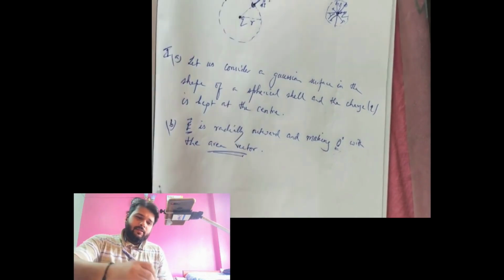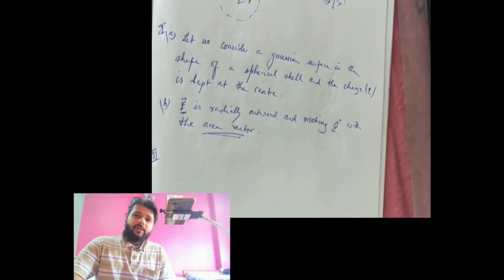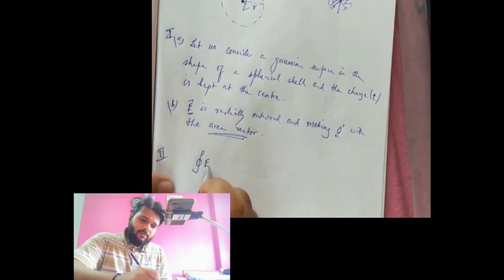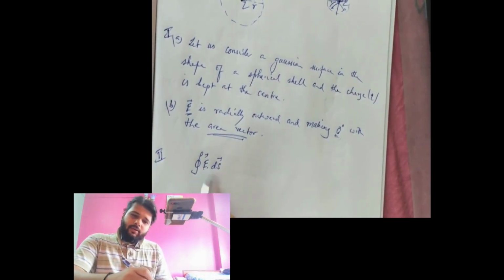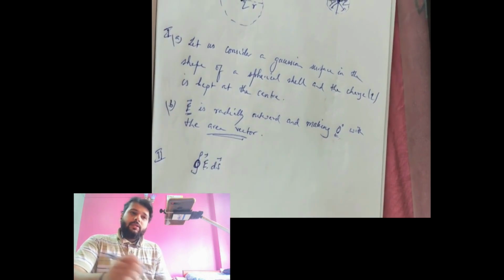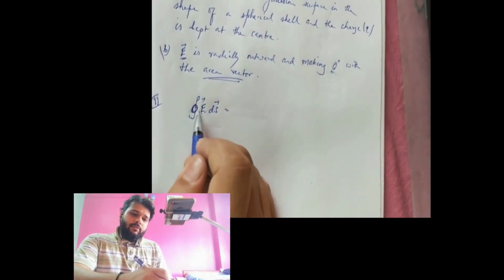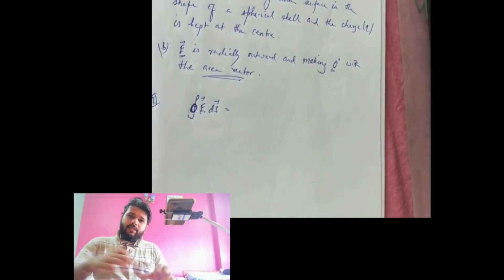Next, in the second step, I have written to calculate the closed integral of E dot dS. It is a closed integral, so it means we have to separate it into different surfaces.